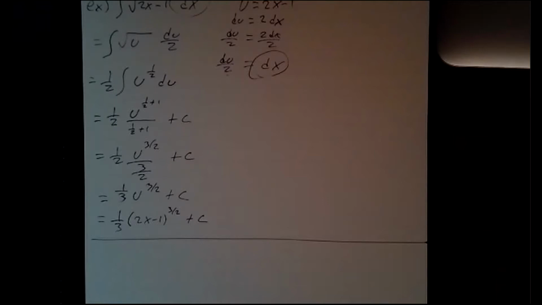I have a quick question. Can you hear me? Yeah, what's your question? When you pull out the 1/2 and then put it back into the problem, are you applying the 1/2 just to the u or also the constant? That's a good question.